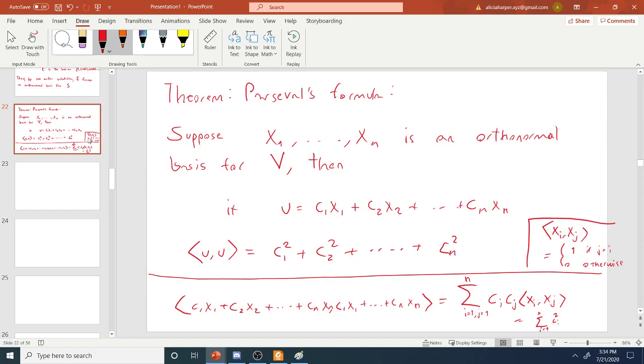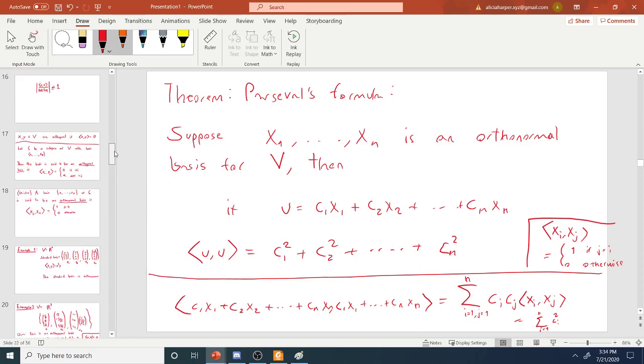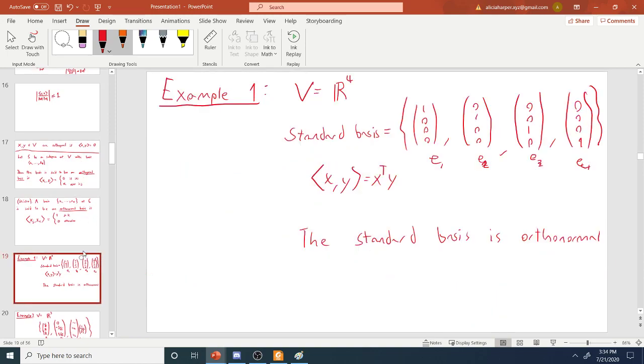So this is a nice formula, and it shows that when you're working with an orthonormal basis, it becomes rather easy to compute the length of functions written in terms of this basis. And this generalizes a property that we already know to be true, at least for the standard basis.